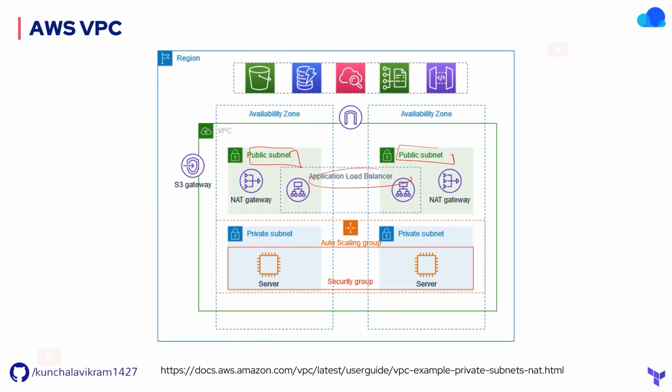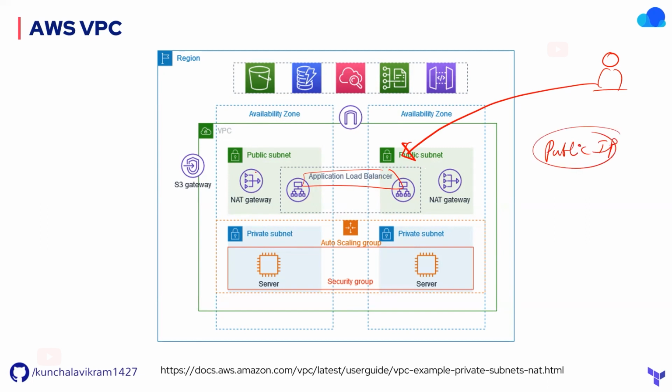Why is the application load balancer deployed in the public subnet? Because this load balancer has to load balance the requests to the instances in the private subnet. But it is in the public subnet because this application load balancer has to be accessible from the internet, which means it should have a public IP.